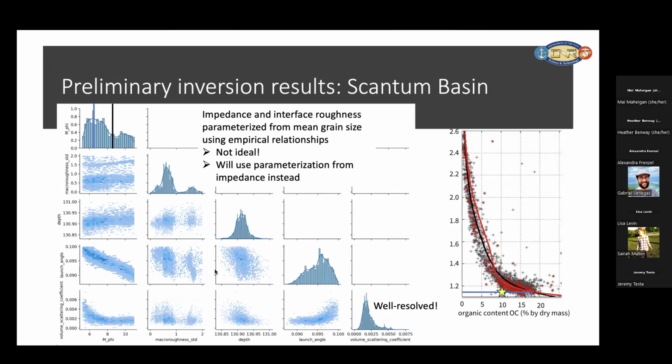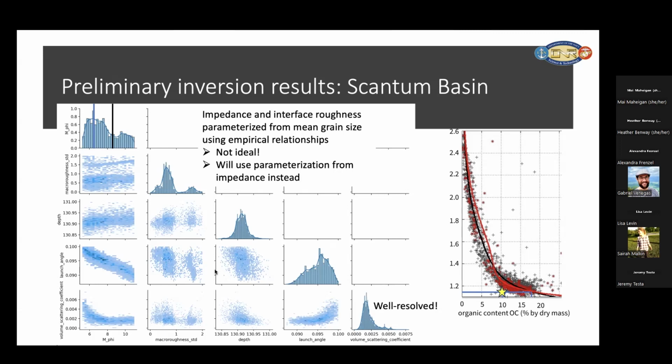And that lines up really well with the corresponding impedance. Even though the mean grain sizes aren't lining up so well, the impedance is. So we're planning on parameterizing using impedance. There are all these relationships published in the acoustics literature that are parameterized off of impedance. And from that, using some kind of relationship, we can get organic content.